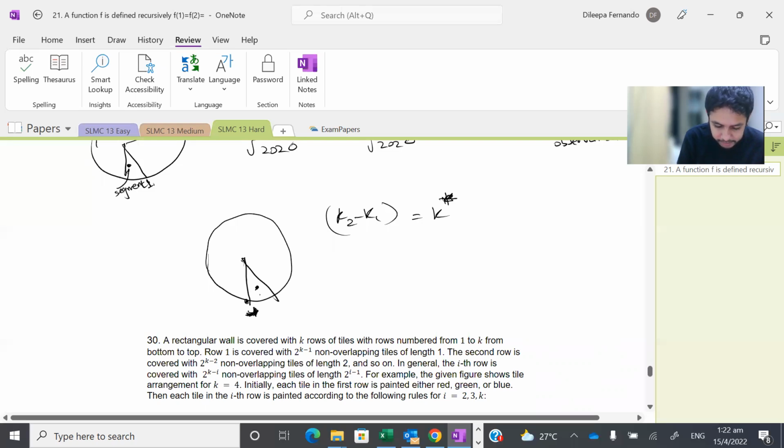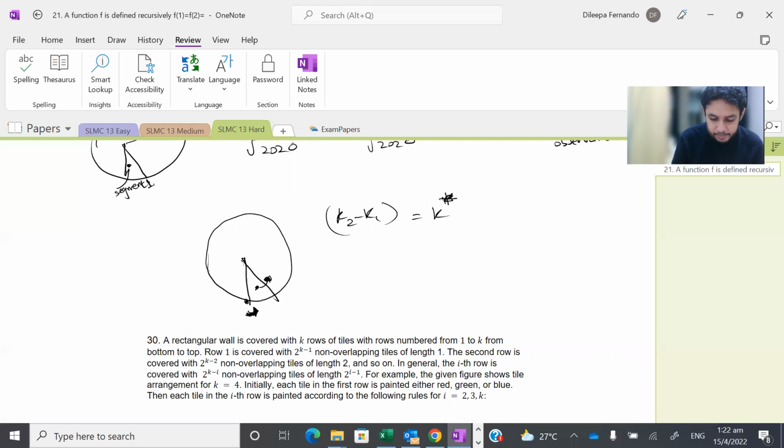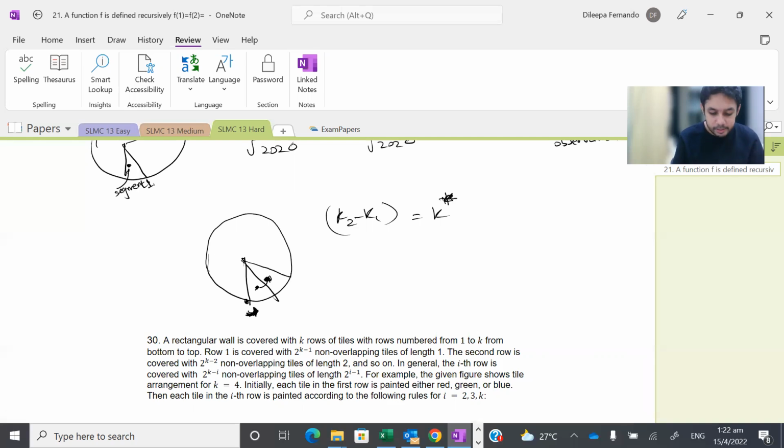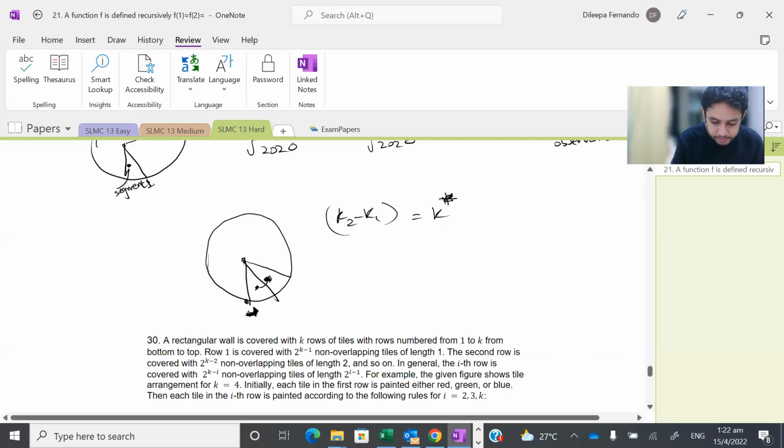When it becomes 2K star, it goes like this. Two K star is also a jump, and can you see that this can take you from within one segment.